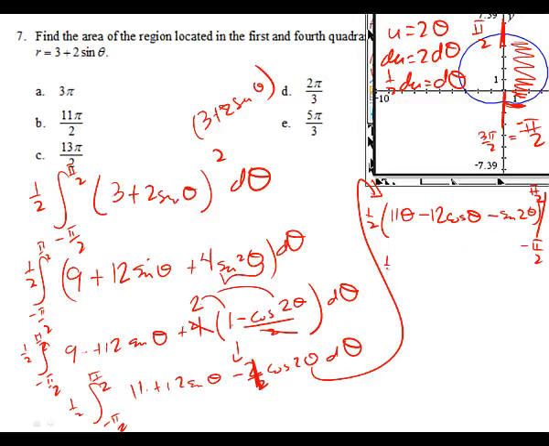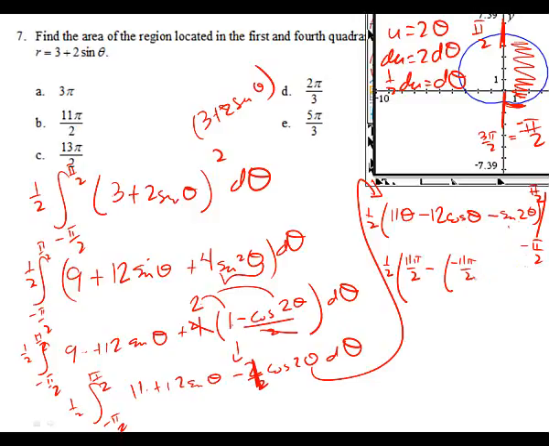All right, so I've got 1/2. I'm putting in the pi over 2, so I would get 11 pi over 2 minus, what's the cosine of pi over 2? 0, so I'm not even going to write it down. What's the sine of pi? 0, so these two are going to go away, okay? So minus, and I put the parentheses, it would be a negative 11 pi over 2.